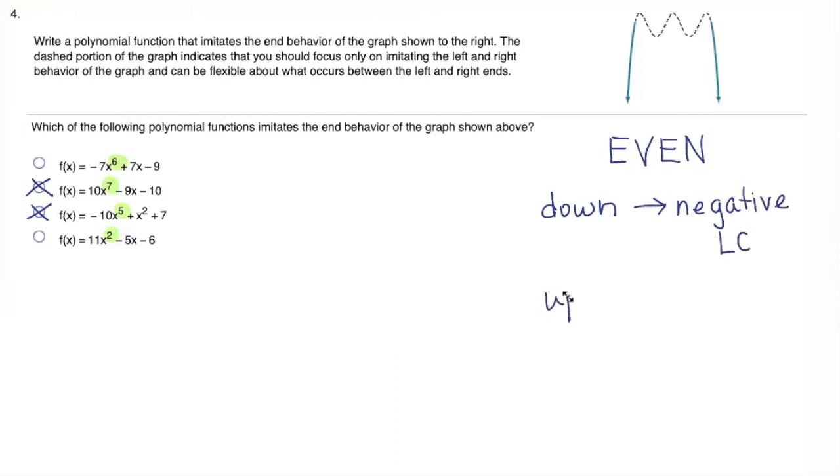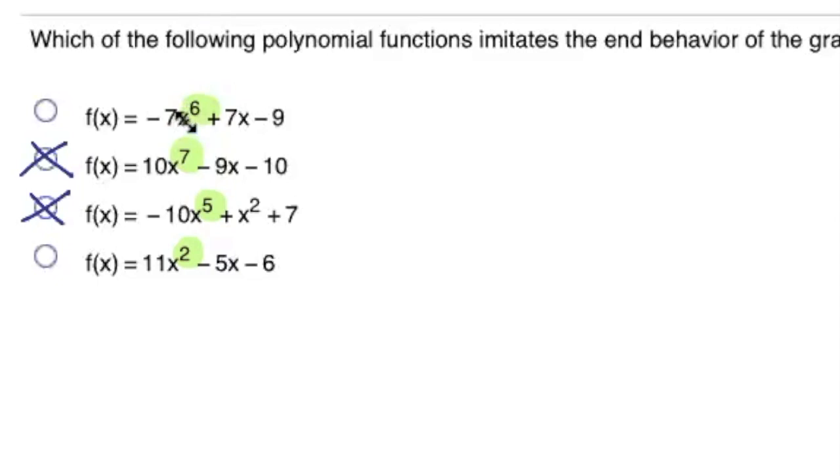If the ends pointed up, then we know that the leading coefficient was positive. In this instance, I'm looking at the first situation, so I need to choose the choice that has a negative leading coefficient. I look in front of the x to the 6th, and I see it's a -7, which means this will be the correct choice. The last choice, when I look in front of the x squared, is a +11, and therefore can't be correct.